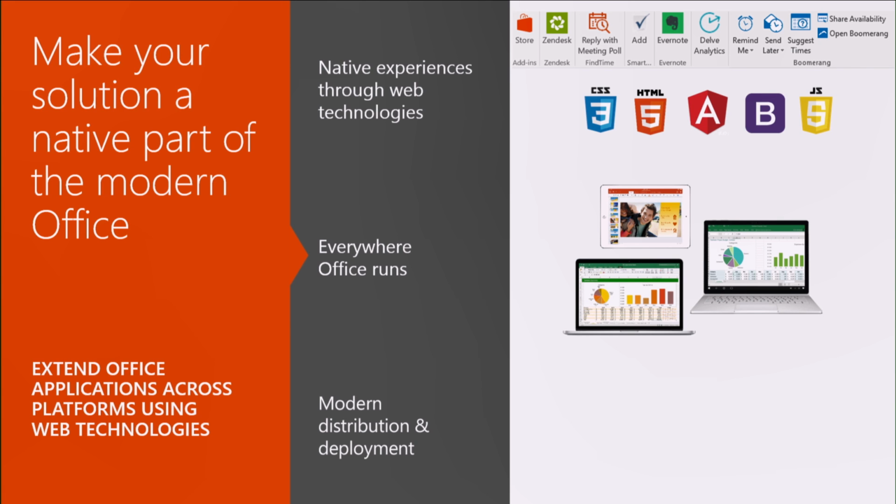Office now runs on 9 different platforms, and we didn't have a single extensibility technology that allowed you to extend Office across all these new platforms. VSTO and COM are great and will continue to be great for the desktop, but in terms of extending beyond the desktop, we didn't really have anything. So one of the goals and value propositions of the new web add-in platform is that you will be able to create a single extension or add-in, and that will work across all the different platforms where Office runs.